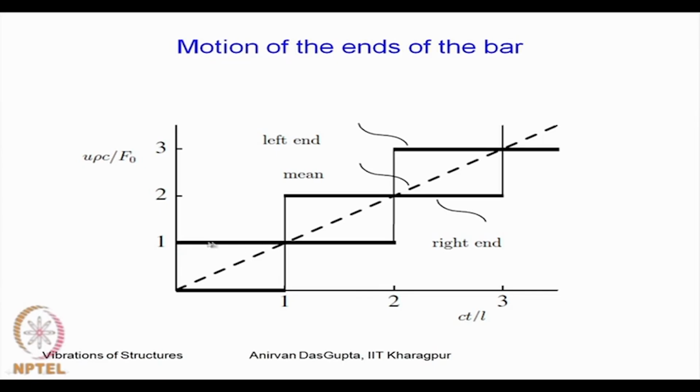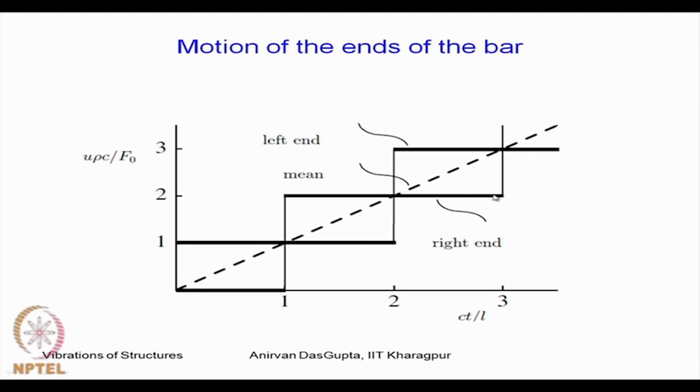So, the left end of the bar remains displaced at a constant value, as we have seen just before. The right end of the bar does not know until time L over c that there is a displacement front. So, it gets displaced twice this distance and it stays here.